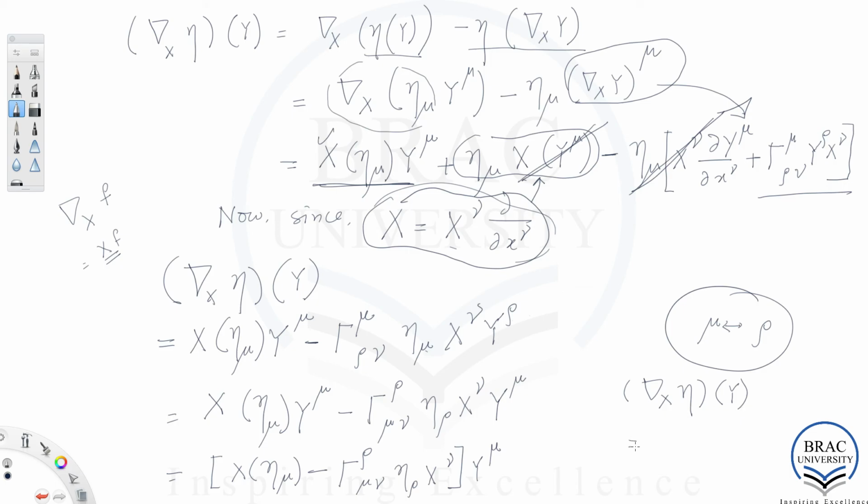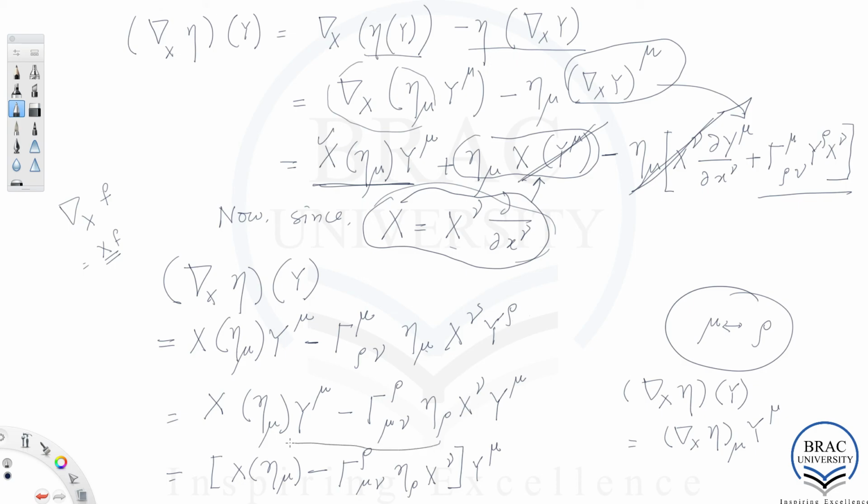And that scalar function should be something like this, in terms of components. Now this is a one form. The mu component of this one form is given by this, and the mu component of the vector field is given by this.